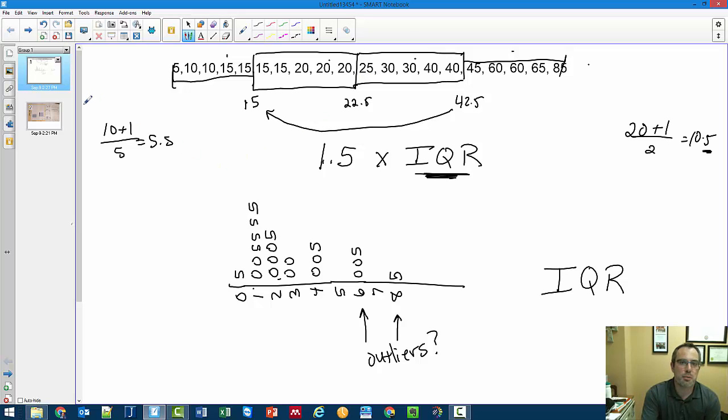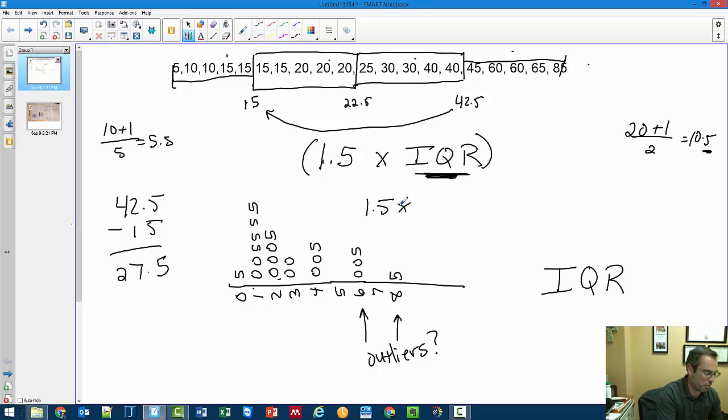So what I need to figure out, first of all, is what's the range. So 42.5 minus 15, that's what's going to end up giving me my 27.5. All right, that's the interquartile range. All right, if I want to figure out what this number is, I'm going to take 1.5 times the 27.5, plug that in the calculator, and I get 41.25.